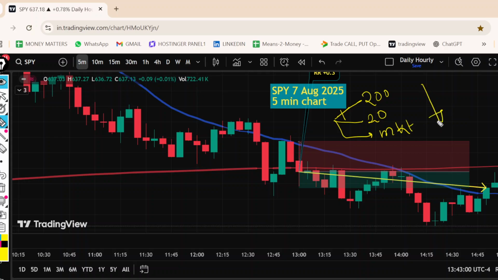Then we can confidently go and take a short trade. But in this candle, this is 20, this is 200, and the market is here. So both of these are interchanged. It's not ideal for our situation.